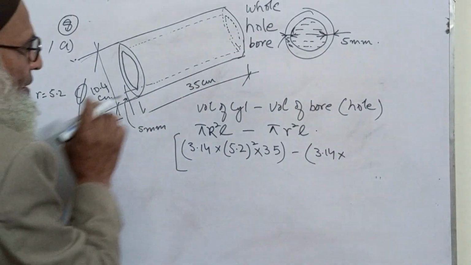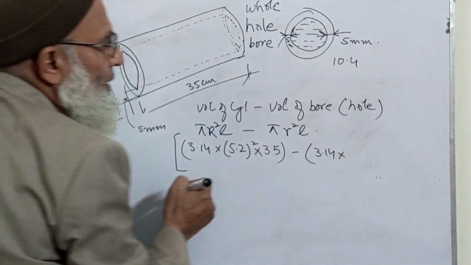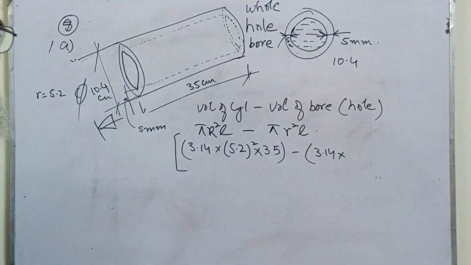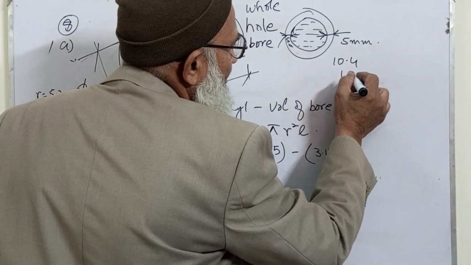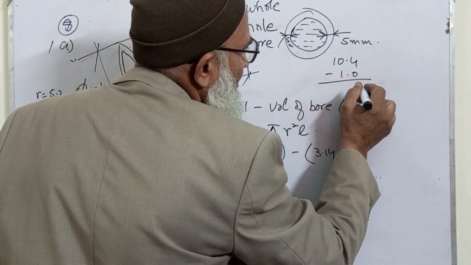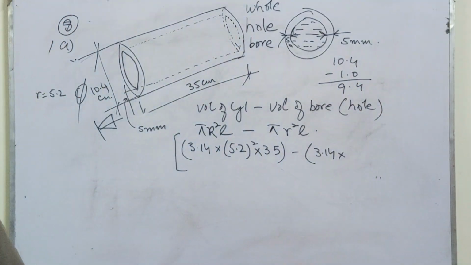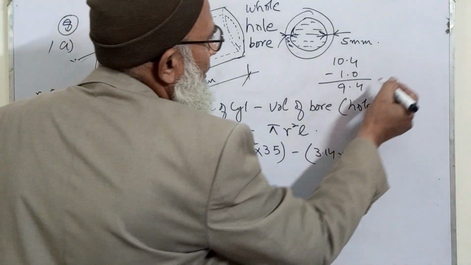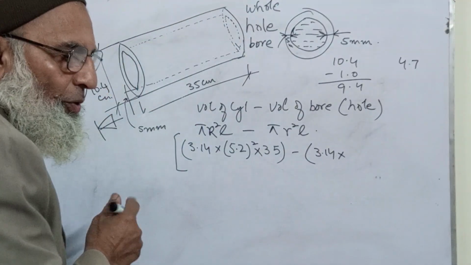So my dear students, what will we do? 10.4 minus 1 centimeter, because 5 mm plus 5 mm is 1 centimeter. It will become 9.4. And what is the half of 9.4? It is 4.7.